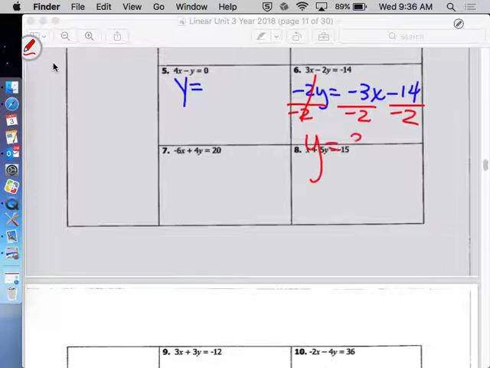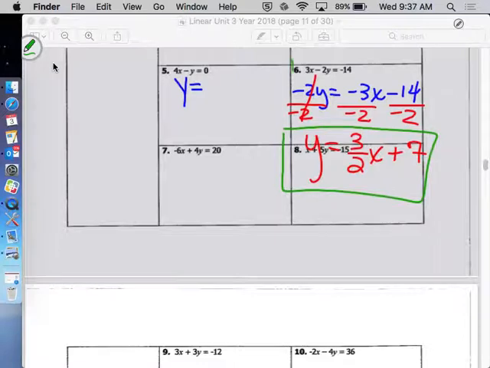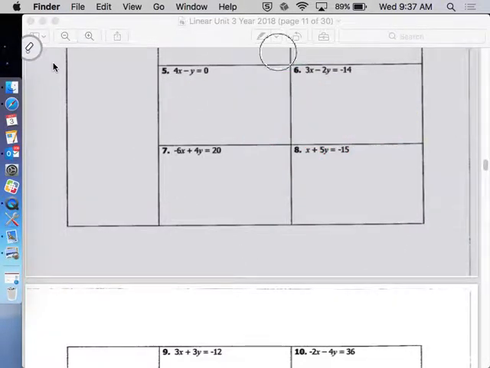My slope is now positive 3/2 x, and my y-intercept is now positive 7. So once again, both equations would graph as the same line, but they look different. When you just look at it, it's not always readily recognizable that they're actually the same thing. And then let's do number 7, and then I would like to show you something with number 7.